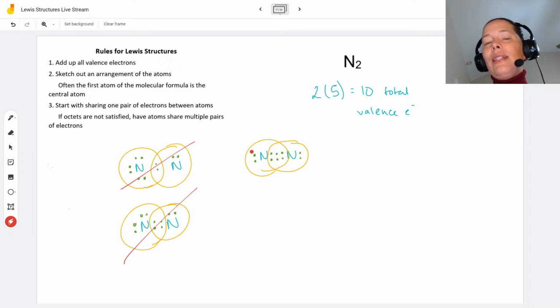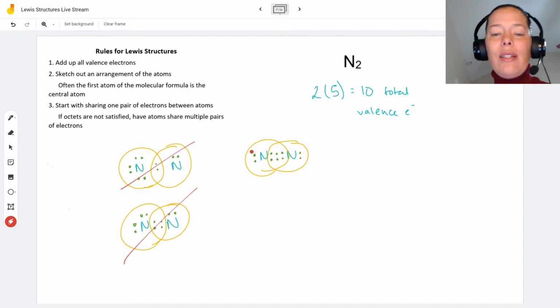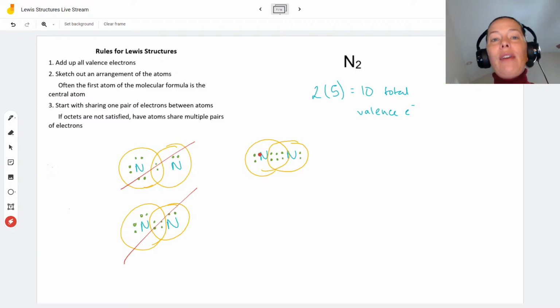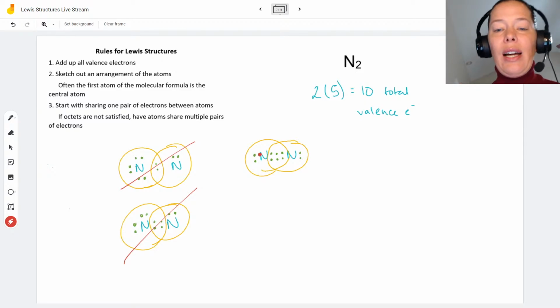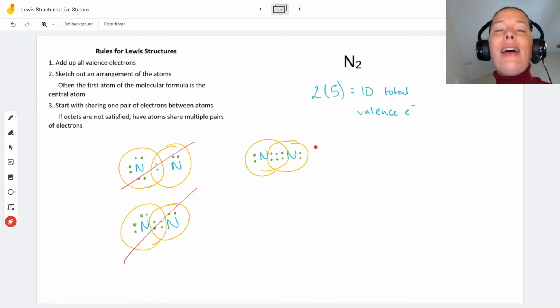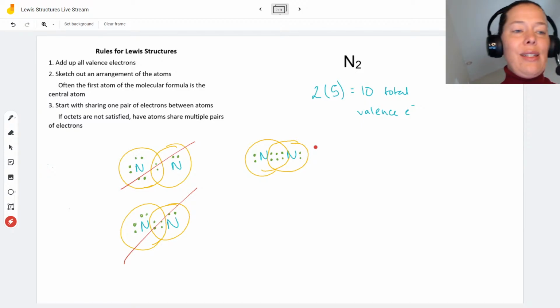It's really easy when you're erasing and drawing things in to either drop a pair of electrons or inadvertently add a pair of electrons in. So it's always nice to double check that. And you can see that now both the nitrogen on the left and the right do have satisfied octets, because there are 6 in between, and each adds 1 lone pair or non-bonding pair, and that gives both nitrogens 8.